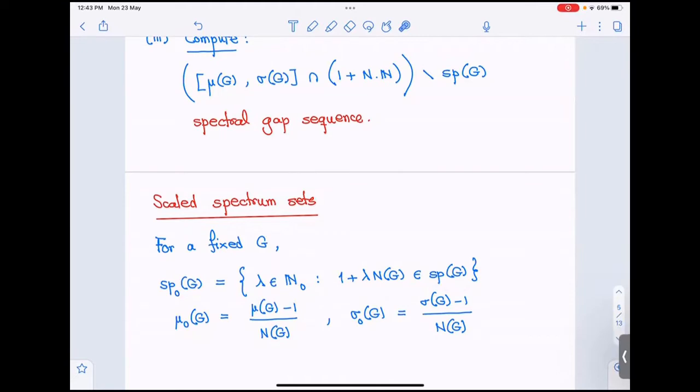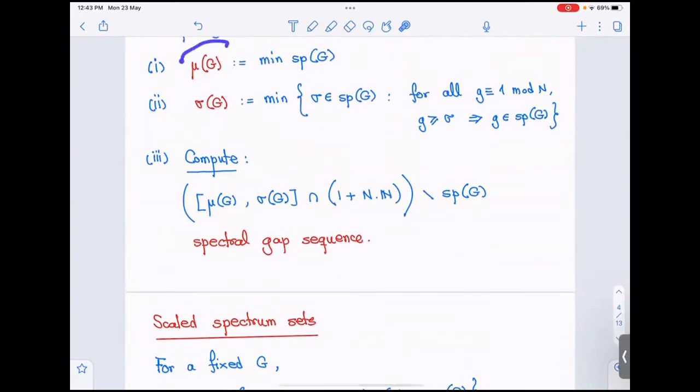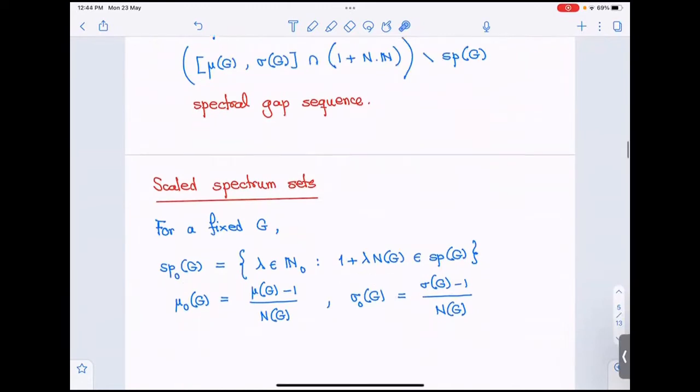So you subtract 1 from the genus and divide by N, and it looks much simpler now. This is the scaled spectra. Similarly, you can scale mu and sigma by subtracting 1 and dividing by this capital N of G. So this is the scaled minimum genus and scaled stable upper genus.